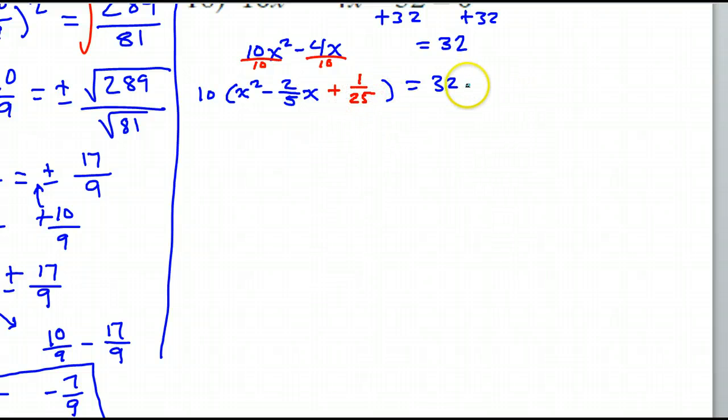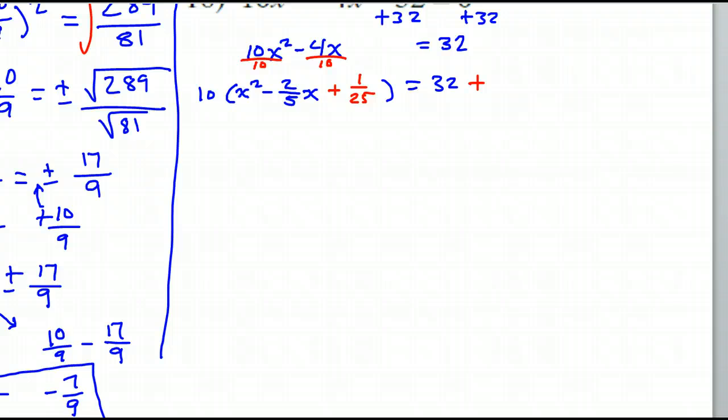Now remember, I'm not just going to add 1 over 25 to the other side. It's 1 over 25 times 10, which would be 10 over 25, because it's just multiplying. I guess this will reduce though, so that would really be 2 over 5. So it's 1 over 25 times 10.